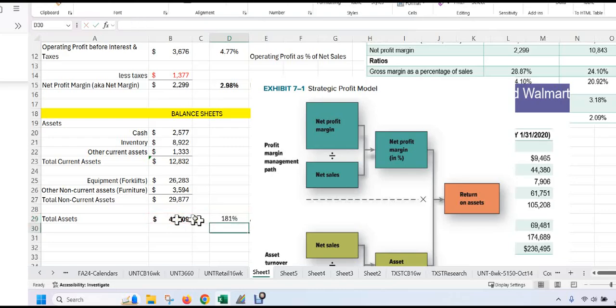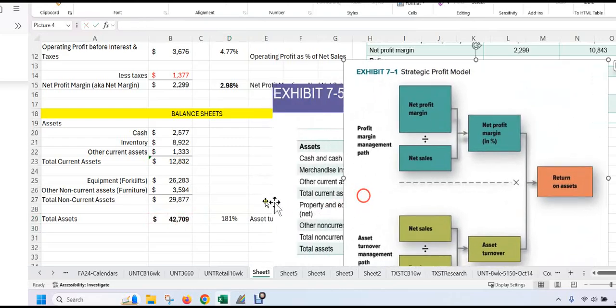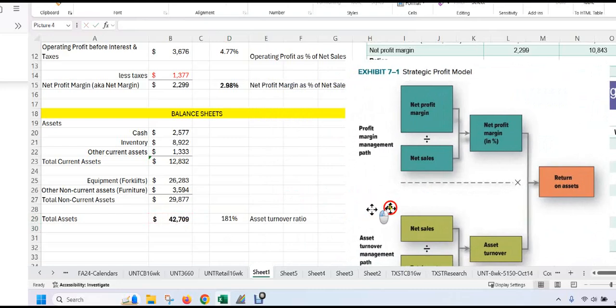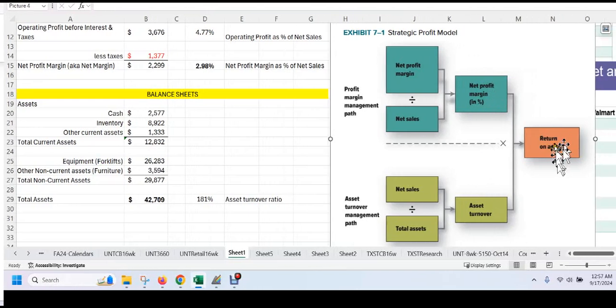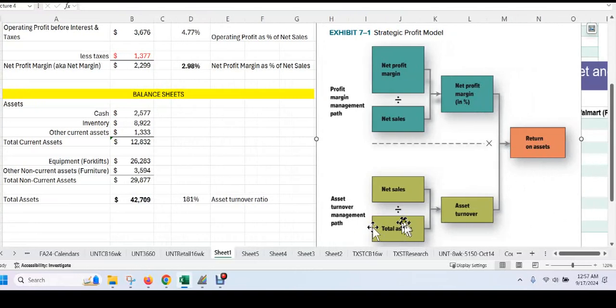Okay, so what does that give us, Dr. Mims? Well, I'll tell you what it's going to give us. It's going to give us what is called the asset turnover. See, we need these two numbers, net profit margin and asset turnover. And look at that. They want us to multiply this. Net profit margin times asset turnover gives us return on assets.